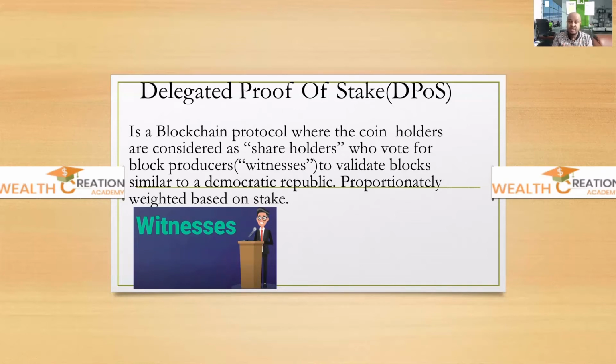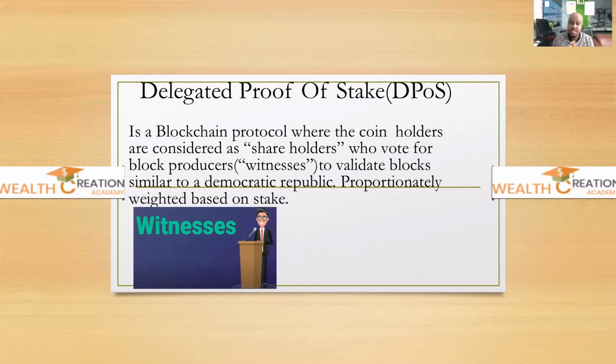So in EOS, or many of the delegated proof of stake consensus protocols, these block producers, these witnesses, validate blocks and get rewarded. But you who delegate, who are voting for them, can delegate your coins and earn some kind of passive income.